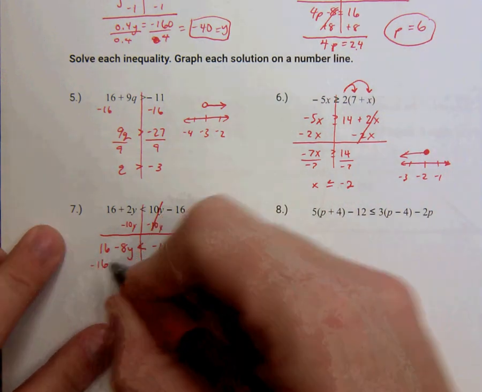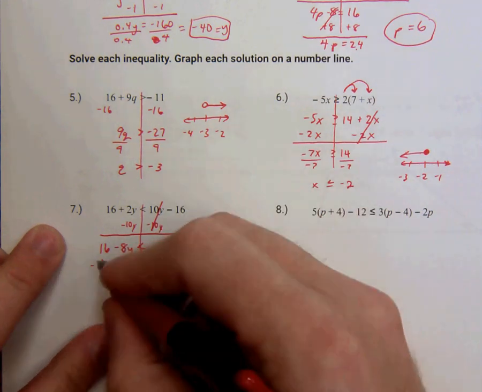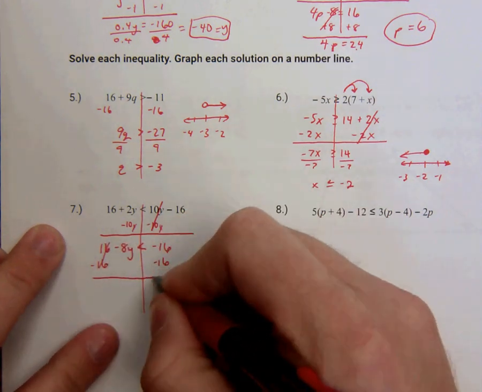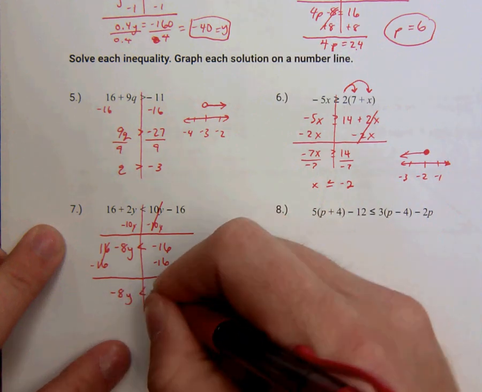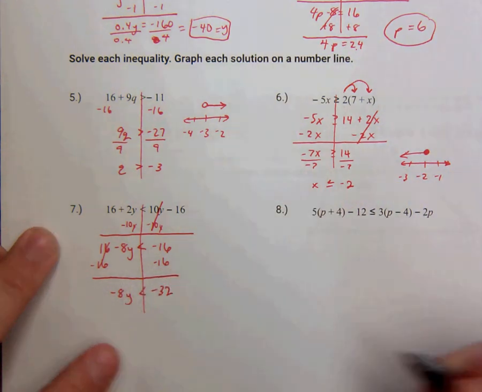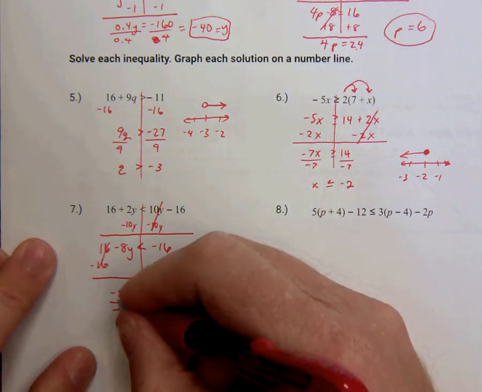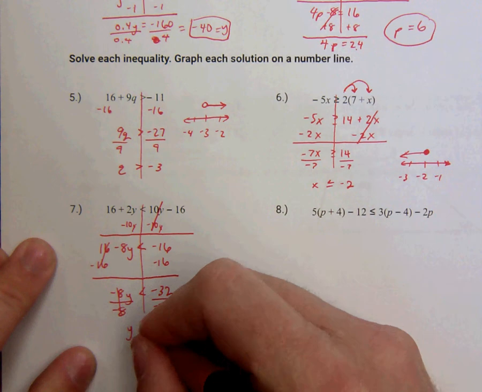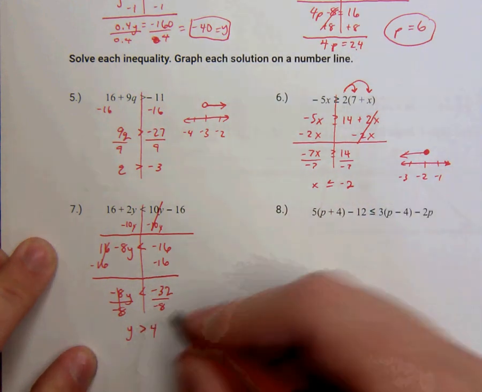Subtract 16 from both sides, so that my y is alone here. Negative 8y is less than negative 32. Divide by negative 8, divide by negative 8. Get y is greater than, because I divided by a negative, 4.